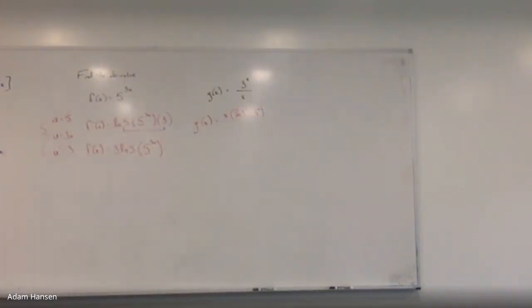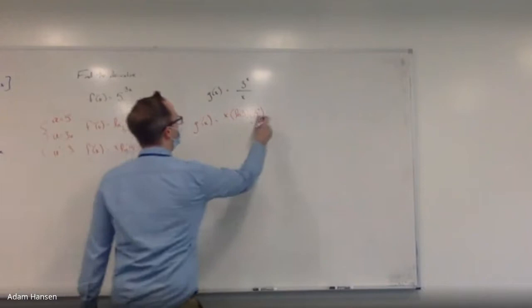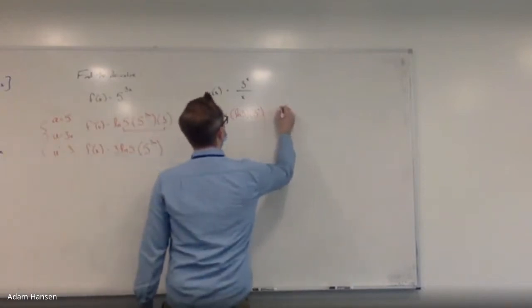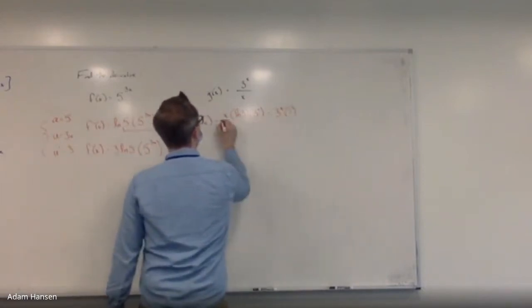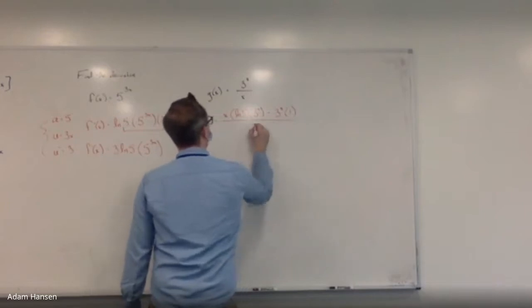You want to use this formula? Base 3, u is x, so natural log of 3 times 3 to the x times the derivative of x, which is just 1, so who cares? It doesn't matter anymore. So low d high minus high times d low, which is just 1, all over low squared.